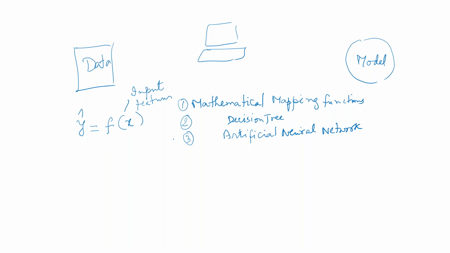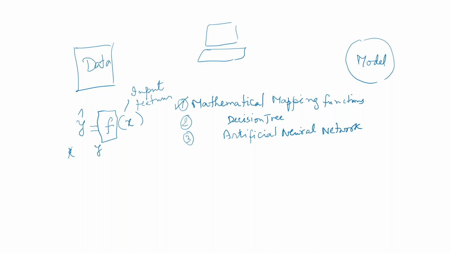The goal of machine learning is that, based on the input features x and actual y using which we are training, we let the computer figure out the best mapping function that describes the underlying relationship between the target variable and the input features. If that is done in the most accurate way, then the predictive accuracy of your model is good.